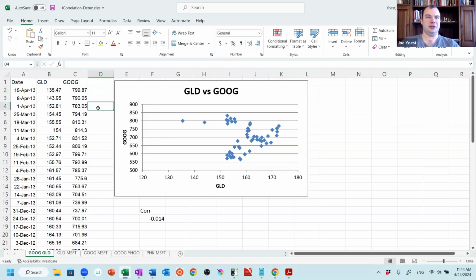But really it's just like a stock that you can buy, and all that they do is buy gold and keep it in a vault somewhere. So it's like buying gold, but you don't have to worry about storing it or any of that. So this also qualitatively makes sense. I don't really expect that the price of gold is going to move like the price of Google moves.